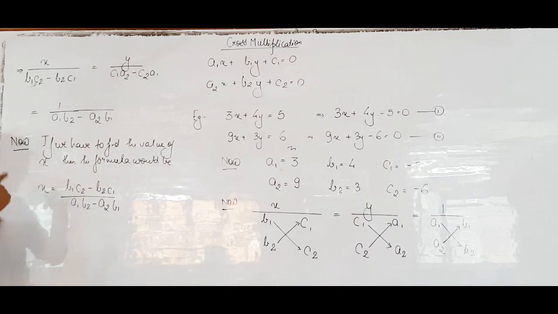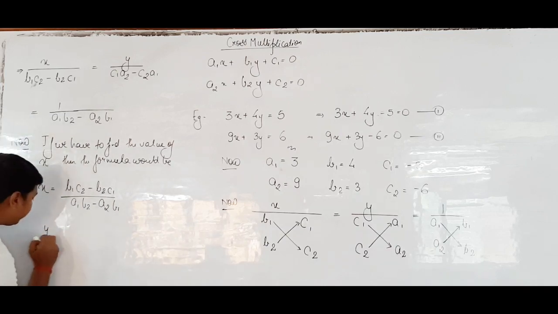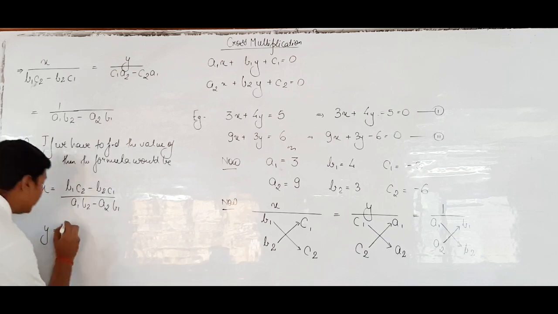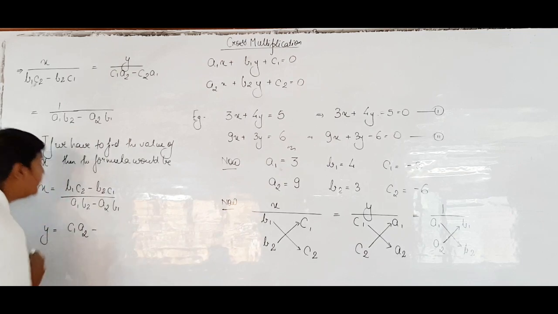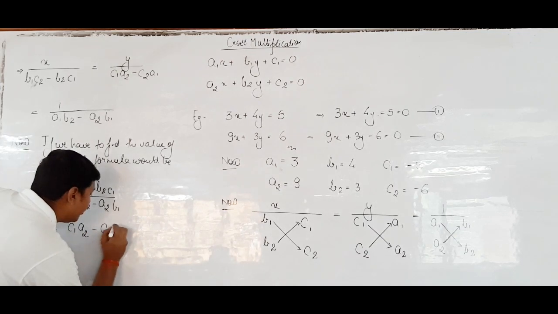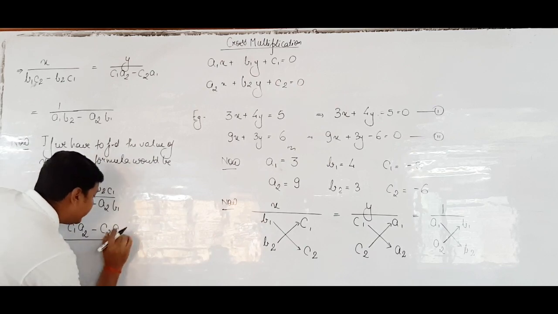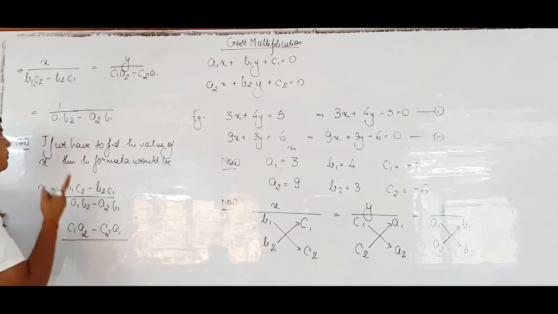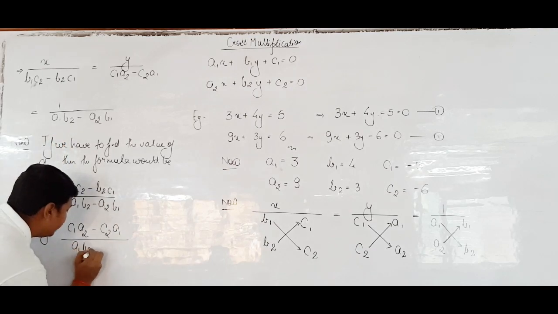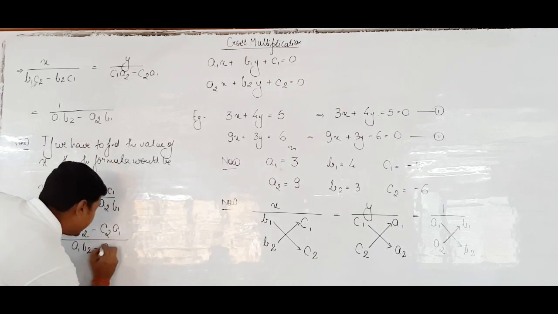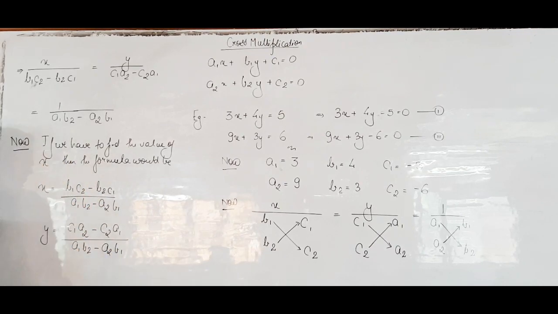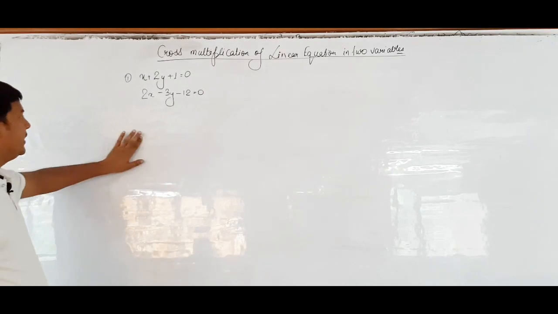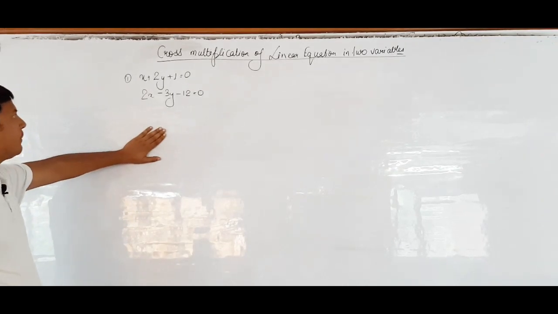That's the formula for x. And if you have to find y, the formula would be c1 a2 minus c2 a1 by a1 b2 minus a2 b1. That's the formula. So let's start with this question.